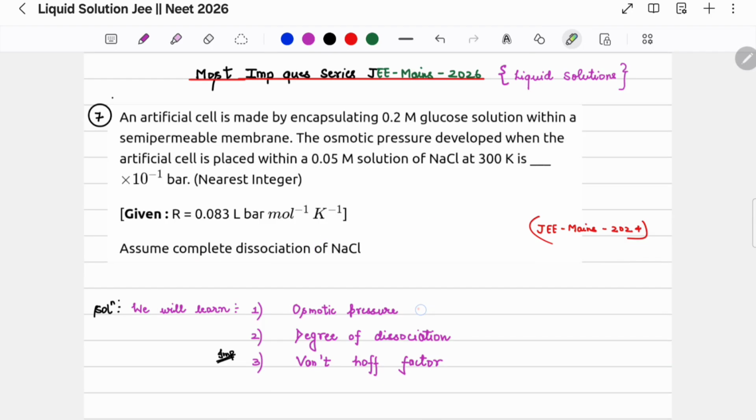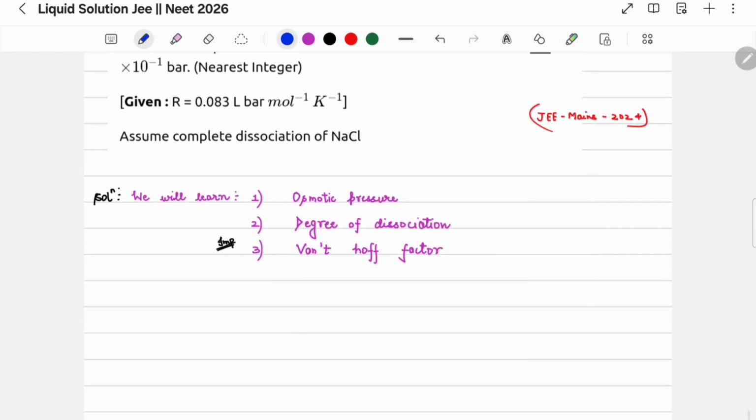From this single question we are going to understand the concept of osmotic pressure, and we will also gather knowledge of degree of dissociation and definitely, along with that, the van't Hoff factor. This question is not lengthy but a little tricky; it is the theoretical concept which we need to understand. So let's draw the diagram to understand what they want to ask in this question. Let's suppose this is my artificial cell.